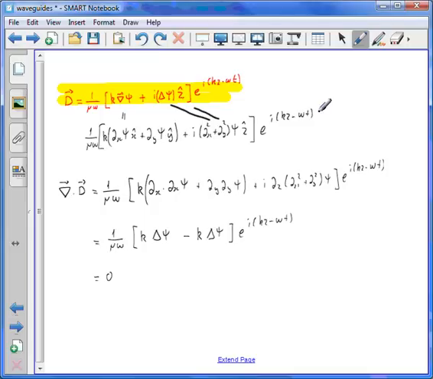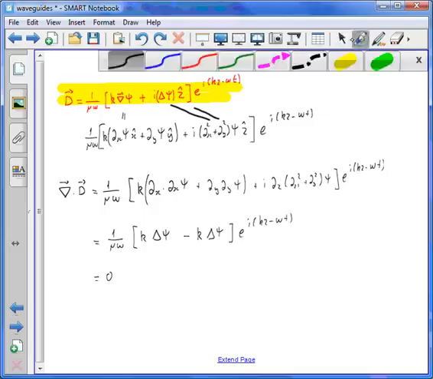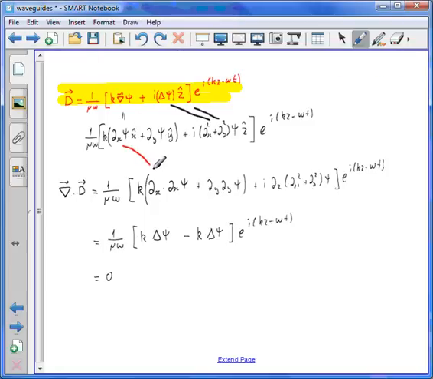So by taking the divergence, the first term I have is basically I have to take the derivative of my x component, which is dx psi. So I have the dx times dx psi, which is my first component of my divergence.